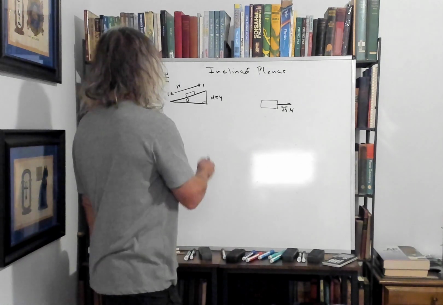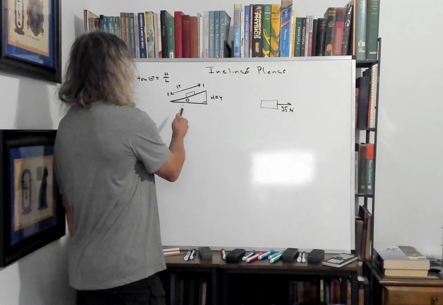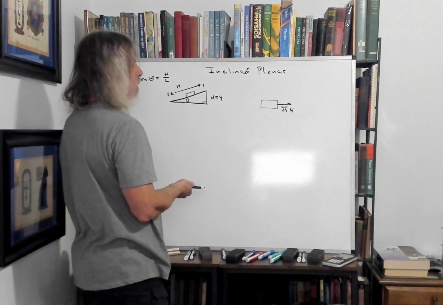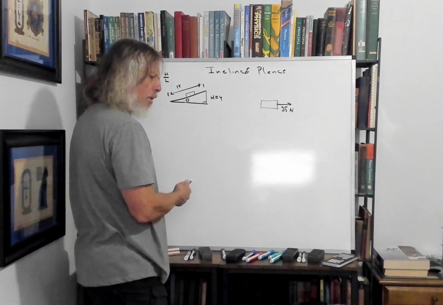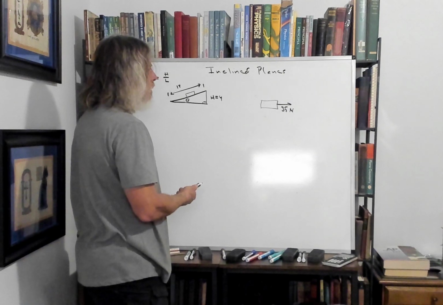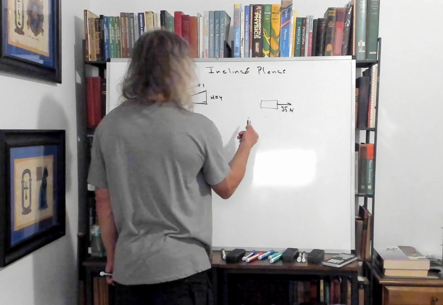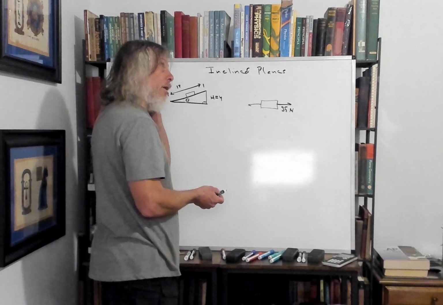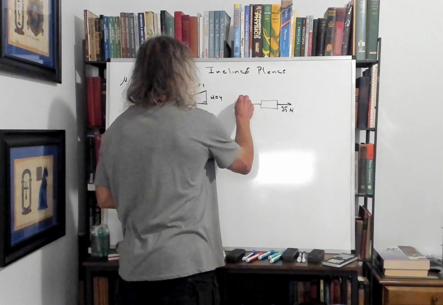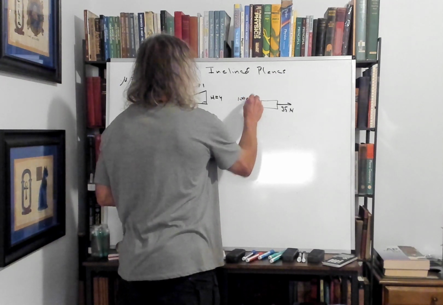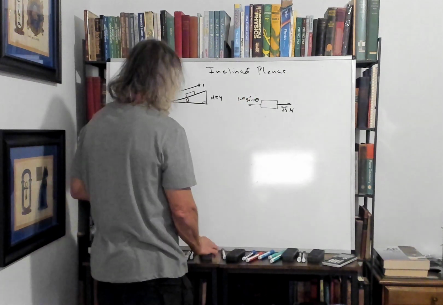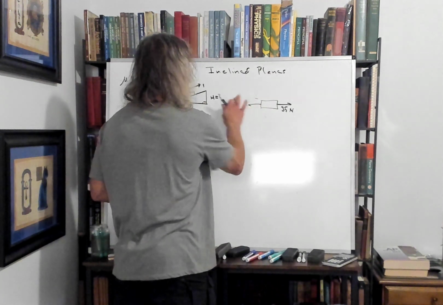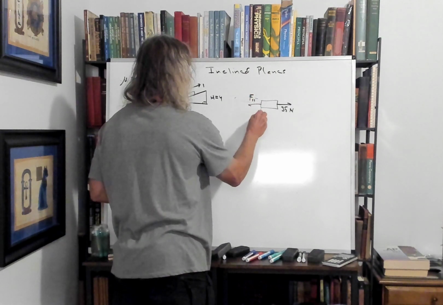So 100 newtons, the component downward, we don't know this stuff yet, but along the plane, we have 100 sine theta. I'll put that part, let's say, F parallel, and then F friction.